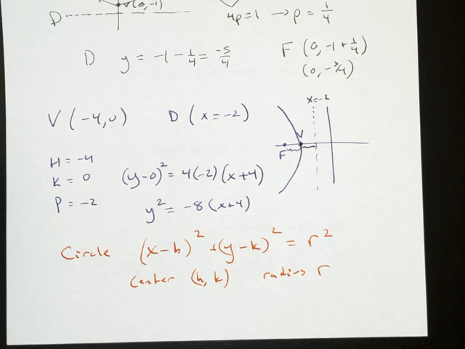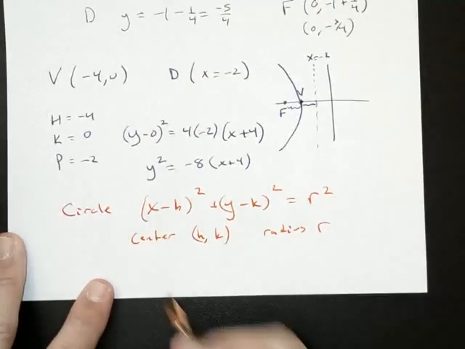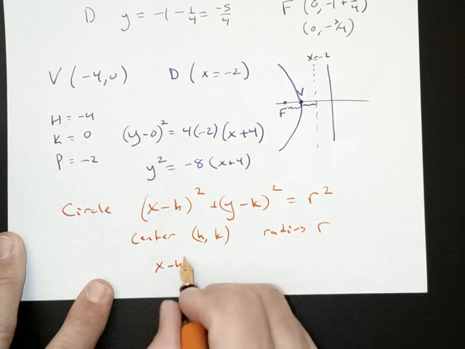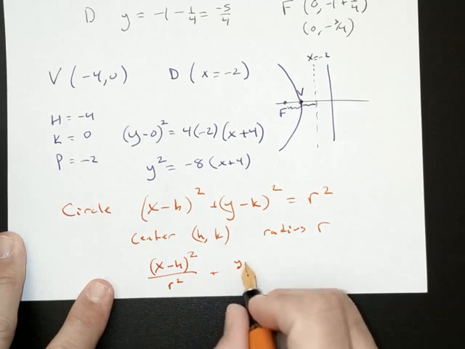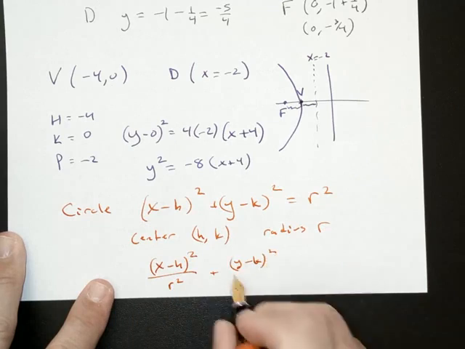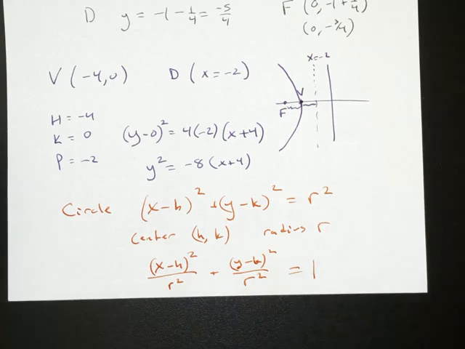It's often called a degenerate ellipse. So I'm going to rewrite this equation to have a 1 on the right side. That's still a circle. It's just a slightly different form for a circle.